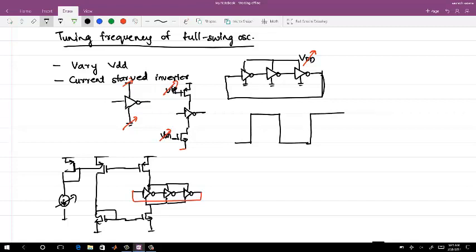Let's start with the sine wave. This is the output when VDD was 1. Now I want to change the frequency, and the PMOS and NMOS are sized such that you have equal rise and fall time. So effectively I plotted a sine wave here, but what you might be having is something like this.